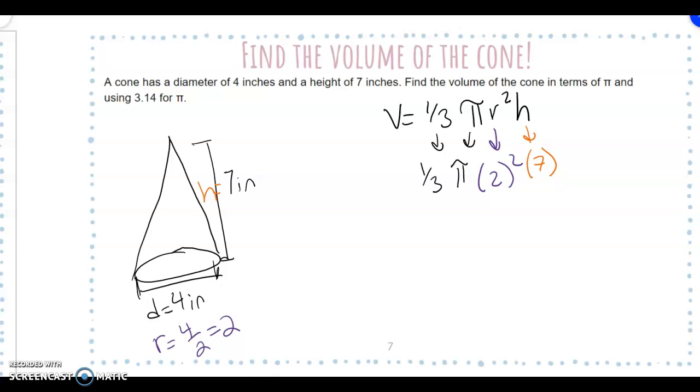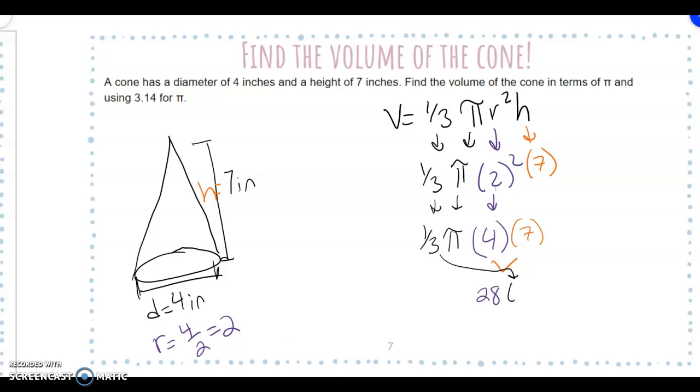2 times 2 is 4. And I'm going to bring everything else down. Since I know 1/3 and 4 or 7 doesn't go into it, I'm going to combine it together. You can always save 1/3 to the last. I always like to try to at least combine it before I get all the way down to the end. 4 times 7 is 28.